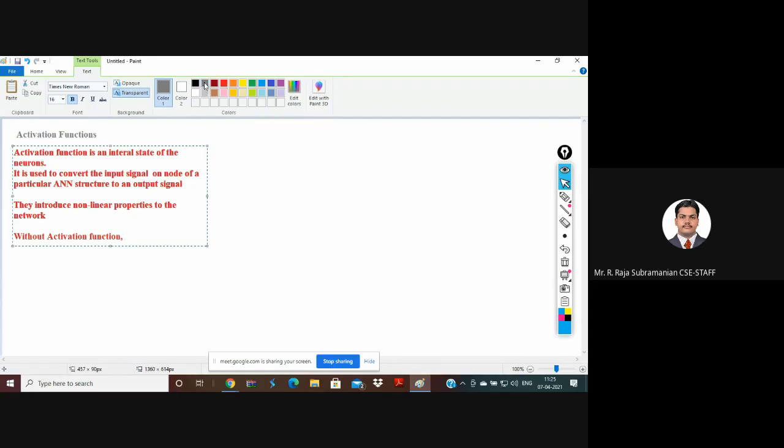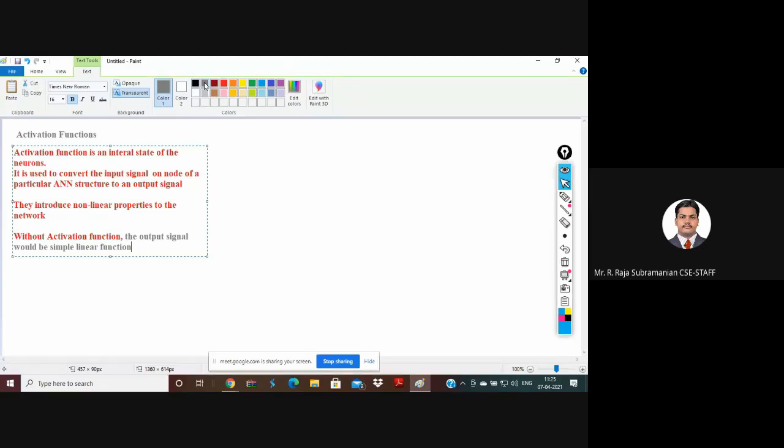The output signal that is being generated would be a simple linear function. As we all know, a simple linear function is useful when you do a small number of tasks, small simple classification or simple predictions. For those, a simple linear function is more than enough.